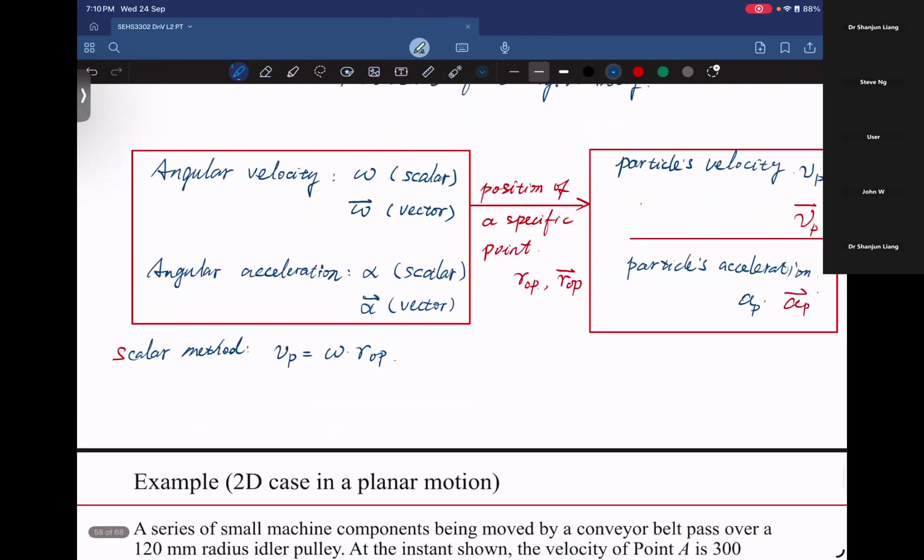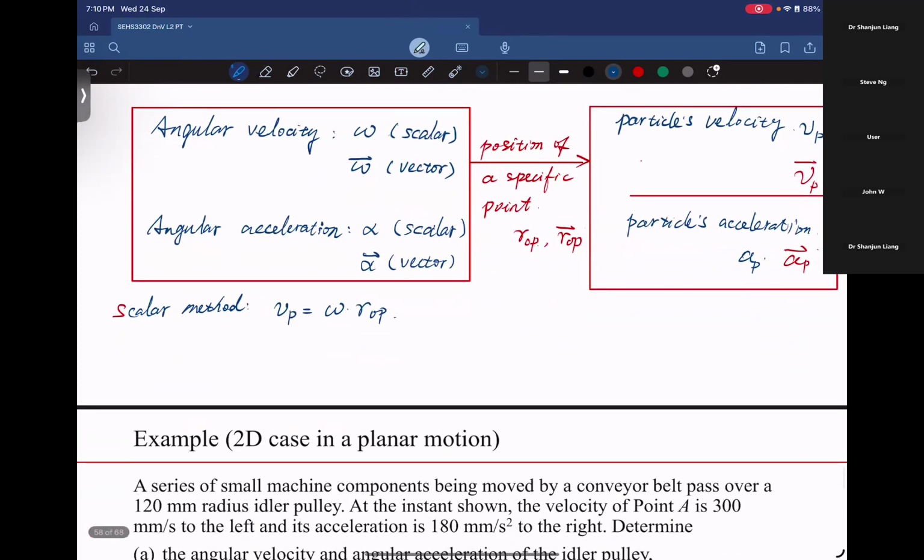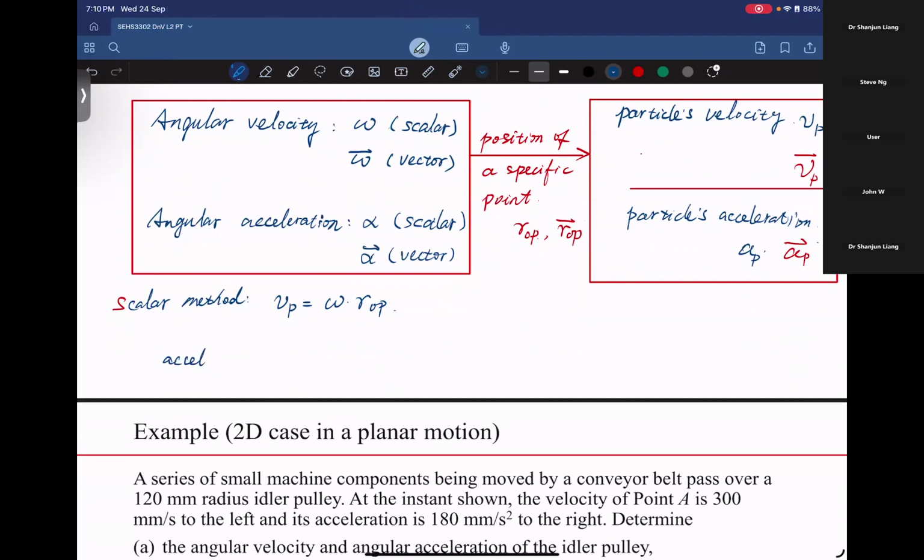For the acceleration, we need to consider two aspects, right? It has a normal acceleration and the tangential acceleration. For normal acceleration, it is about the direction change, right?